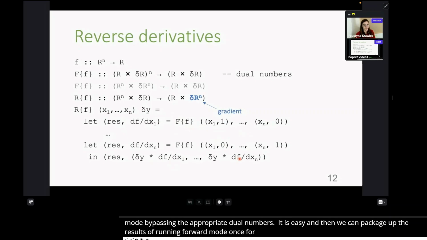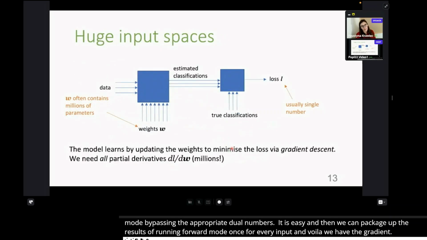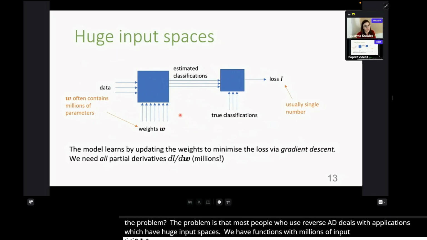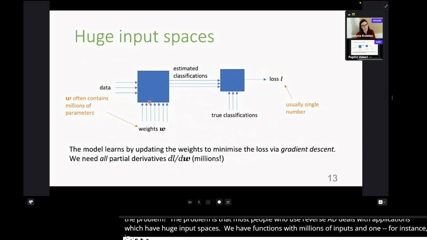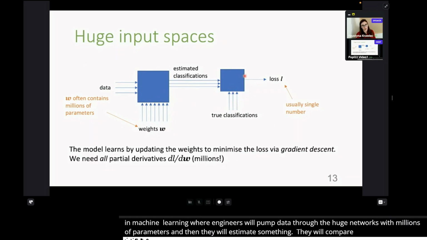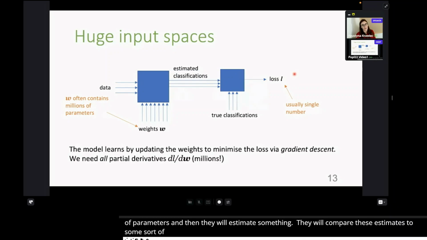So what's the problem? Well, the problem is that most people who use reverse mode AD deal with applications which have huge input spaces. So we have functions with millions of inputs and one output, for instance, like in machine learning, where engineers will pump data through their huge networks with millions of parameters, and then they'll estimate something. They will compare these estimates to some sort of ground truths, and they'll produce a number which defines how good these parameters are.